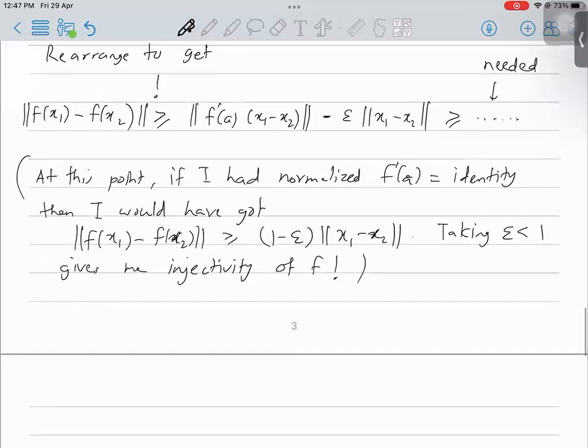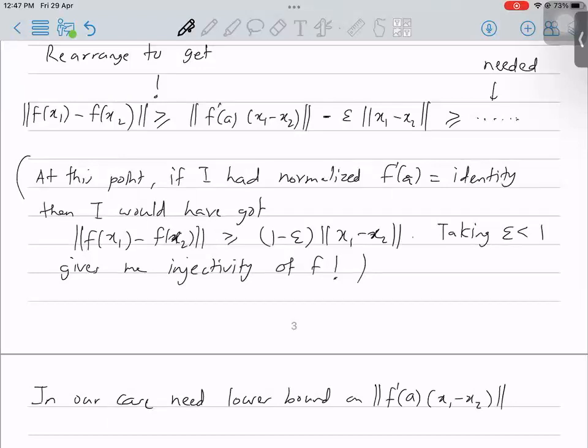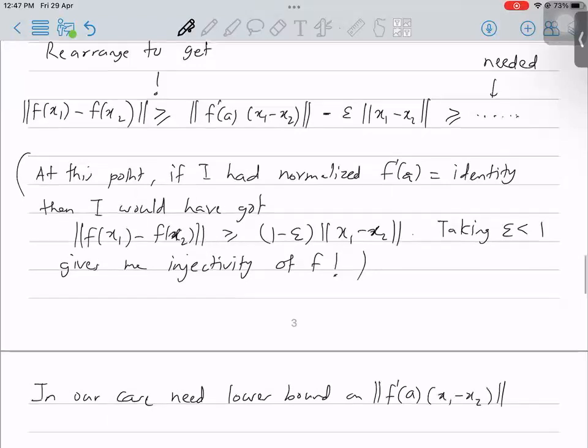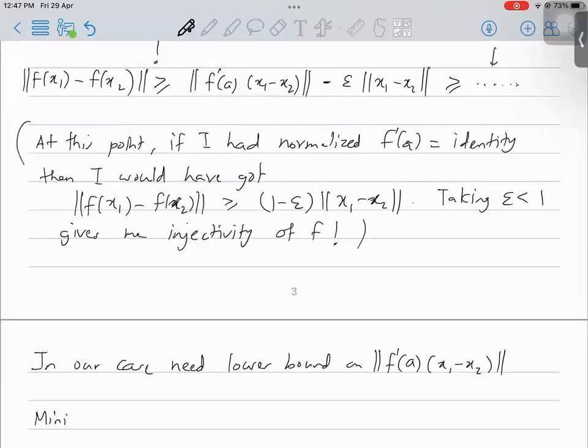So in our case, we need to find a lower bound of f prime of a times x1 minus x2. But this is all right. Minimize the norm of f prime of a u on the unit sphere.